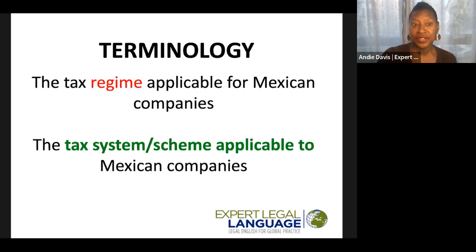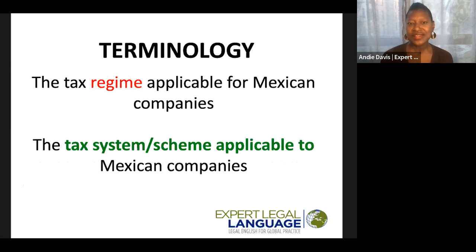Here's another example. The tax regime applicable for Mexican companies. The word regime is a bit of a red flag here because in English, it's typically used to describe a government or a political party of some kind, and there's typically a negative connotation to the word regime. I think that the original drafter didn't intend necessarily a negative connotation.